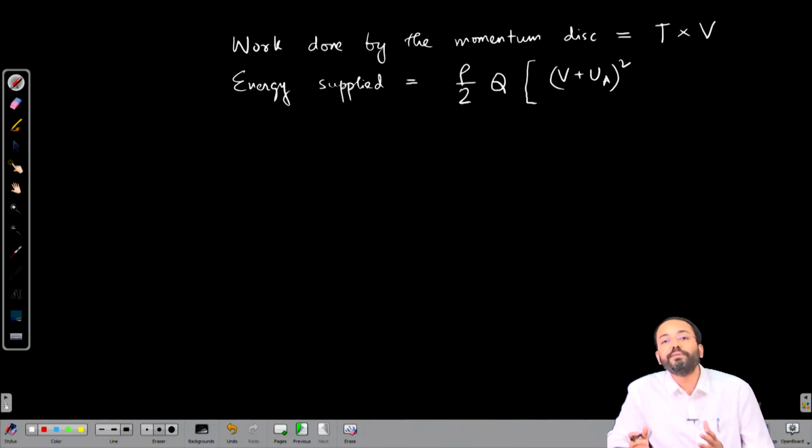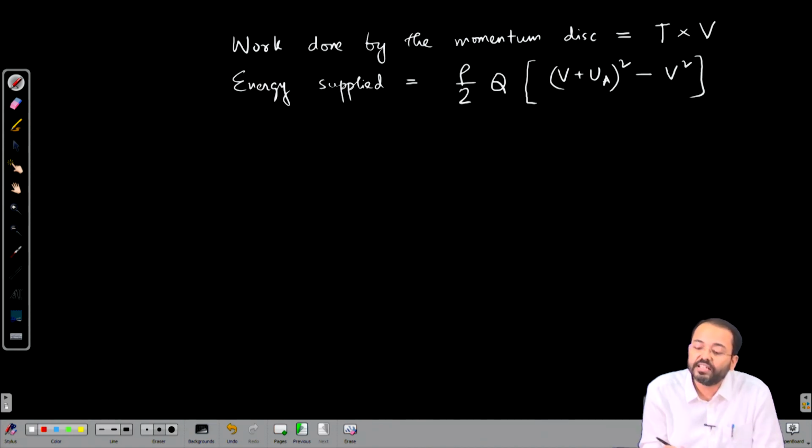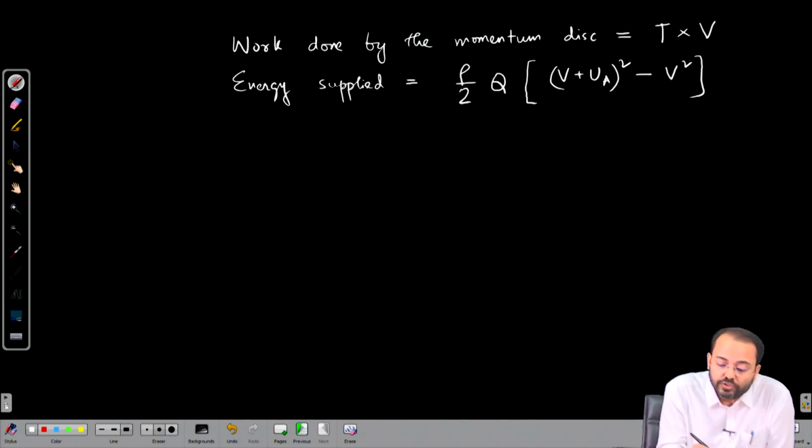The kinetic energy is basically half m v square. So, instead of the mass we have the density times the flow rate, because we are calculating the energy supplied per unit time: (V plus UA) whole square at the output minus the input energy V square.